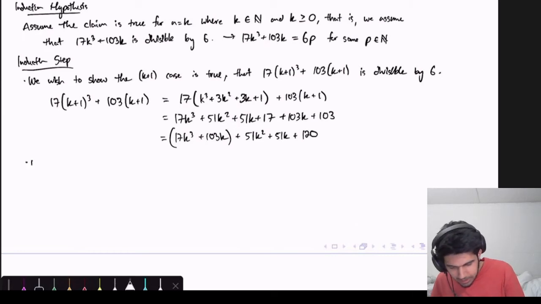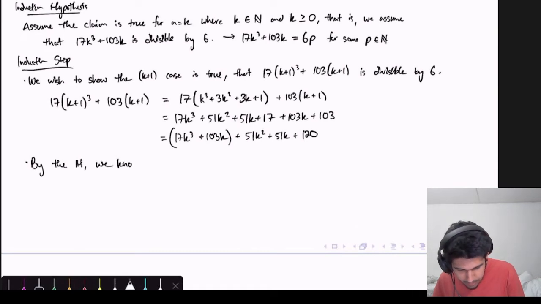So let's cite it. By the induction hypothesis, we know that 17k cubed plus 103k is divisible by 6.